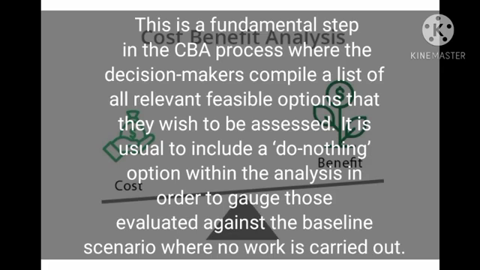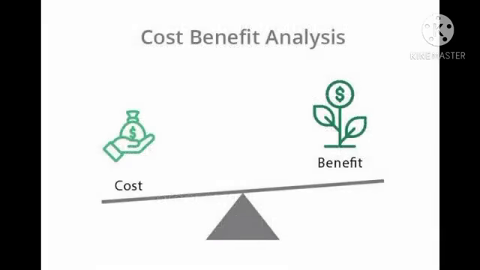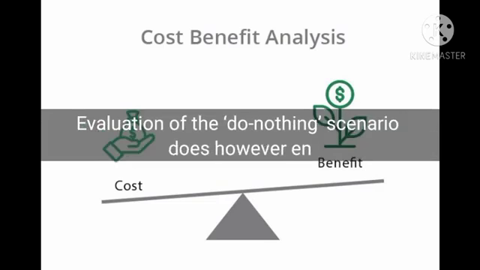The do-minimum option offers a more realistic course of action where no new highway is constructed but a set of traffic management improvements are made to the existing route in order to improve the overall traffic performance.